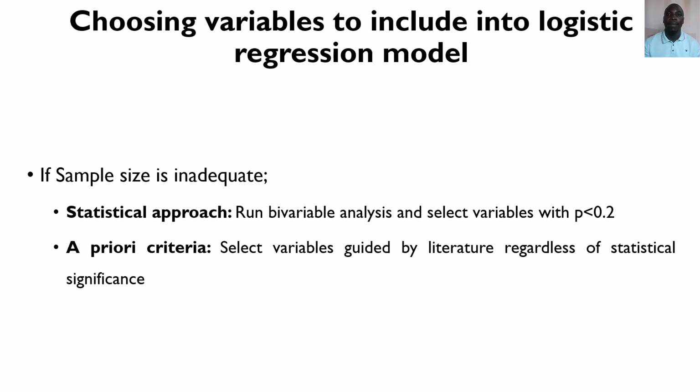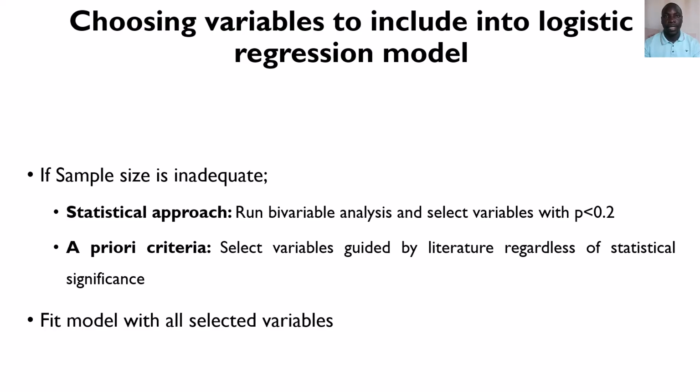Instead, guided by literature, you select variables to stay in the model. Sometimes you use a combination of these 2. You may first use the statistical approach to select variables, and if there are some that have been dropped that you feel are relevant, you bring them back into your model. So regardless of which method you've chosen to use, fit all the selected variables into your model.